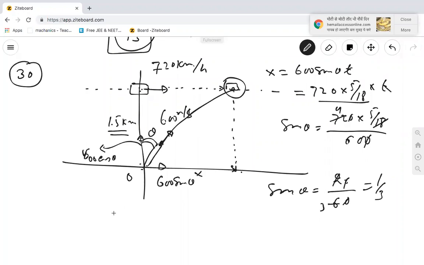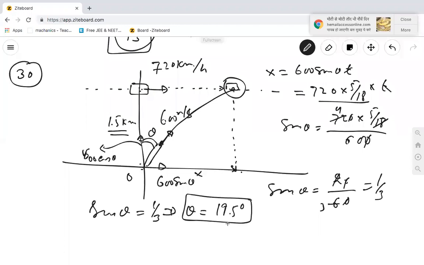Sine theta is equal to 1 by 3. And he says theta should be 19.5 degrees. That is the answer. So simple answer and so simple approach. The distance covered by the aircraft in the horizontal direction should be the same as the distance covered by the bullet in the horizontal direction in the same time. Equating the two, we get the answer.